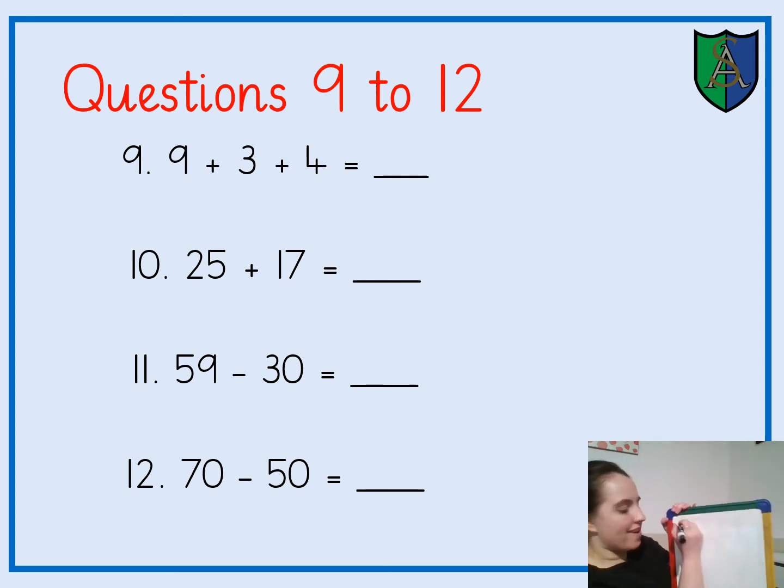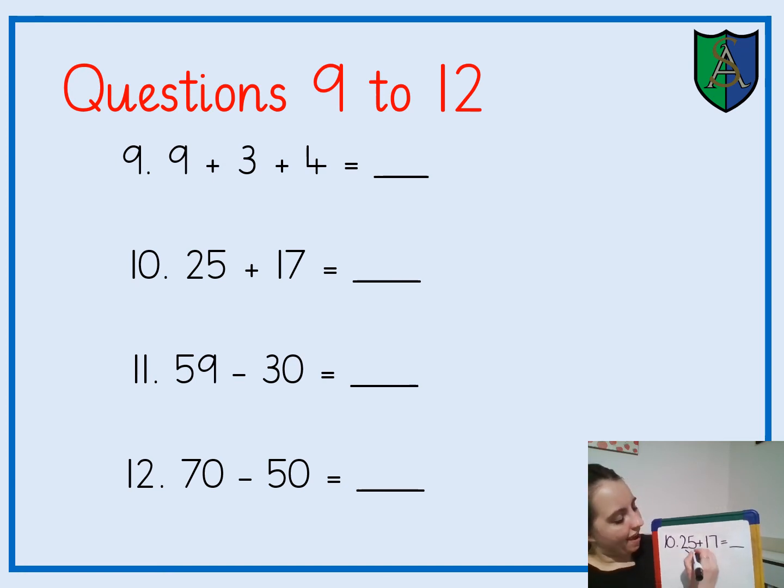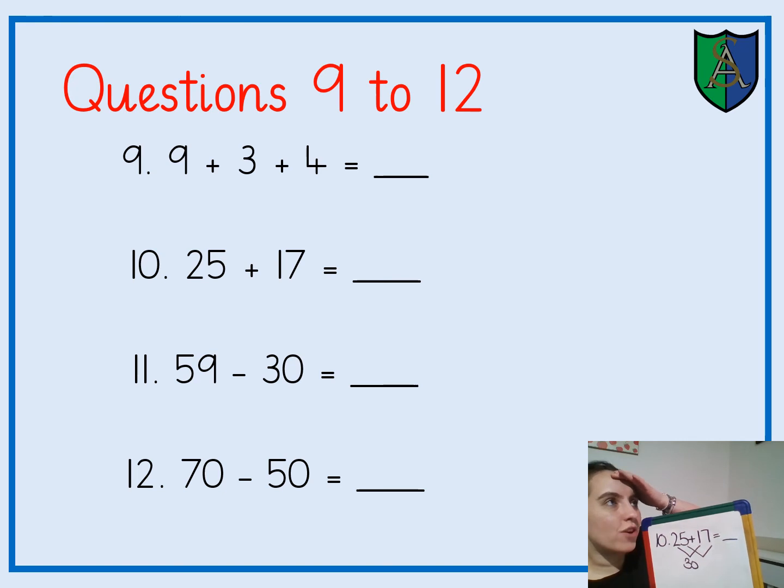Question number 10 is 25 add 17 equals something. We're going to use our trusty old triangle method here. So 20 add 10 is 30, brilliant. And 5 add 7, so put 7 in your head because that's the biggest number, and add on 5 more: 7, 8, 9, 10, 11, 12.